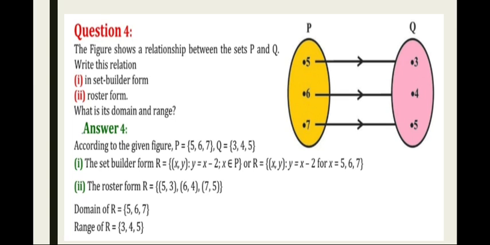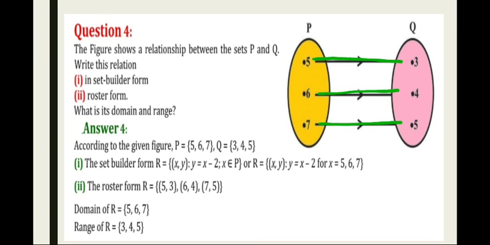Now, next question. The figure shows a relationship between the sets P and Q. Write the relation in set builder form and in roster form. What is its domain and range? As you can see here, 5 goes to 3, 6 goes to 4, 7 goes to 5.